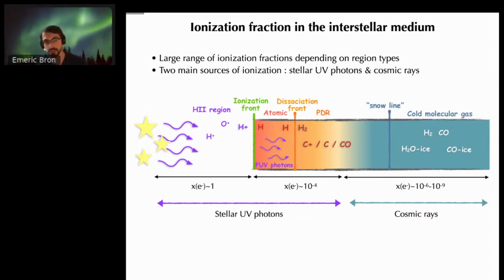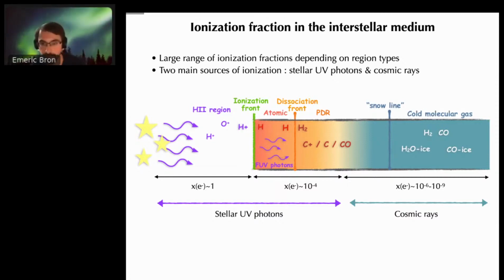As you go deeper into the cloud, all the photons that can ionize hydrogen have been absorbed, so now you can only ionize carbon, which will provide an ionization fraction of around 10 to the minus 4. And as you go deeper, all ionizing photons are progressively absorbed, and you go to very low values of the ionization fraction that are maintained mainly by ionization by cosmic rays.